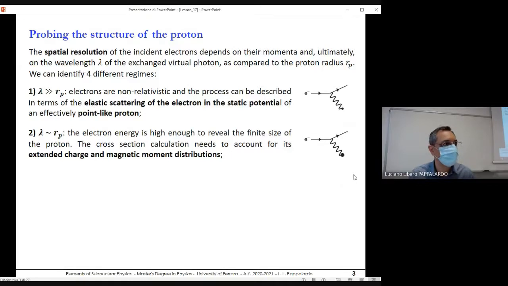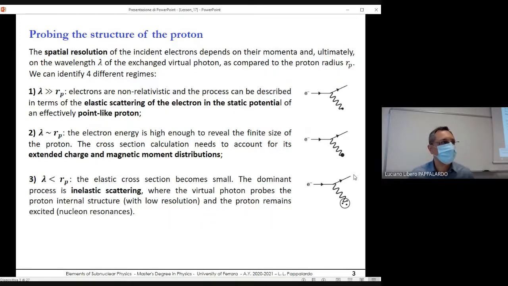So the proton is not anymore a point-like object, but it has some finite size. And the cross-section calculation in this case needs to account for the extended charge and magnetic moment distribution, as we will study better today. So the distributions are not delta functions. The proton is not anymore a point-like object, it has some extension.